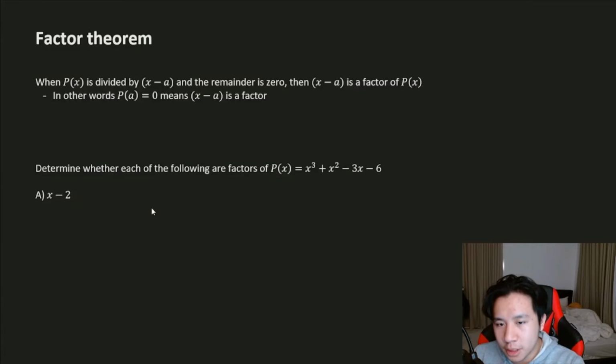So here we're asked to determine whether each of the following are factors of this polynomial, and here we're given x minus 2 as a factor. According to this theorem, you just want to sub in p of 2, just like the remainder theorem.